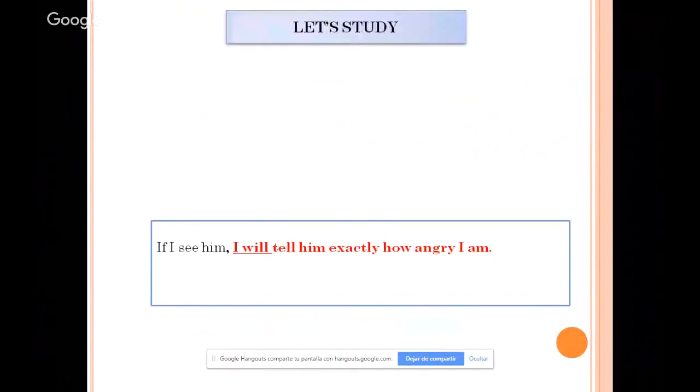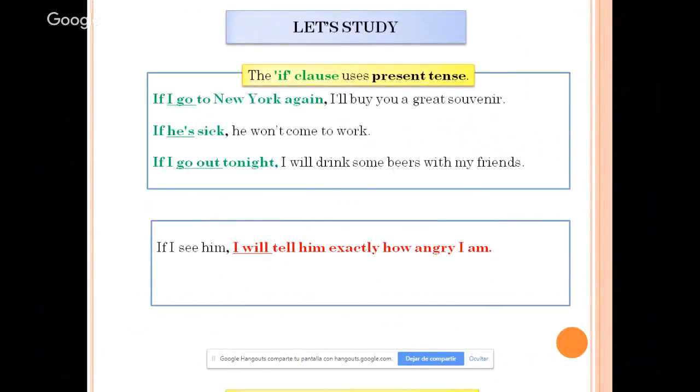Okay, let's study this. The if clause, that is the name, la oración con el if, con la condición, uses the present tense. If I go to New York again, if he's sick, if I go out tonight.